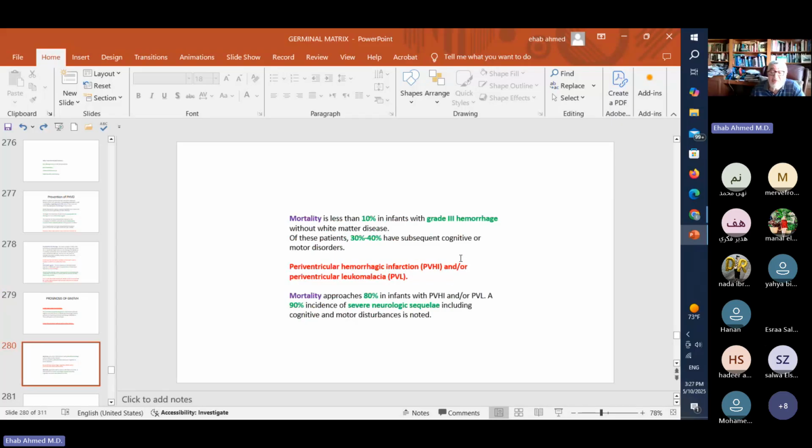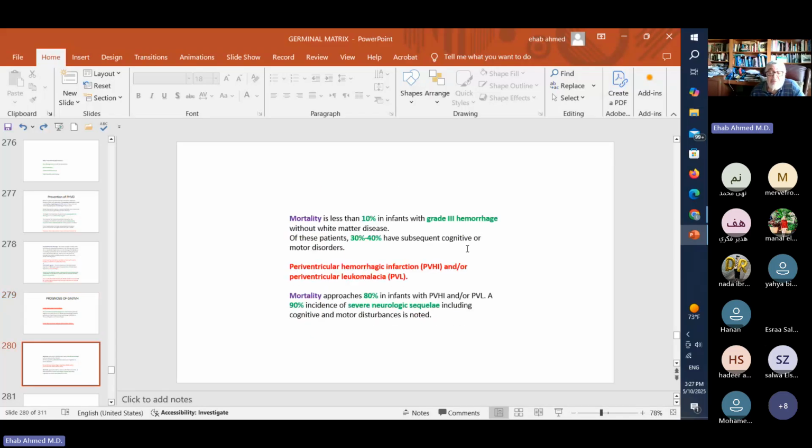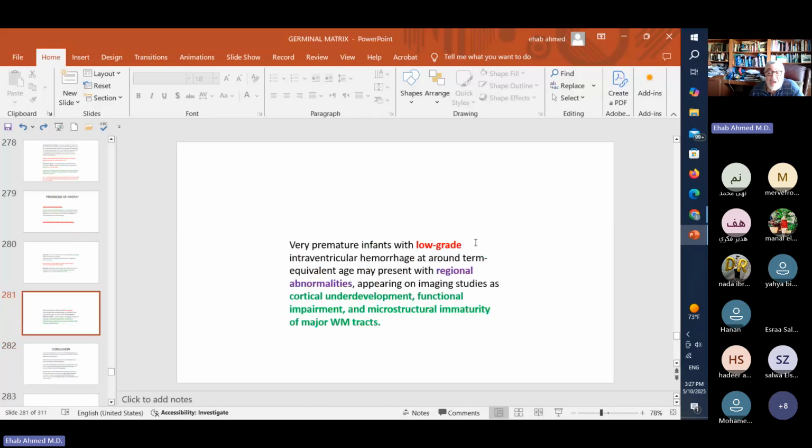So the more severe the dilatation or the GM-IVH, the worse the morbidity and mortality. But low grade is not 100% benign. Be sure about that, okay?